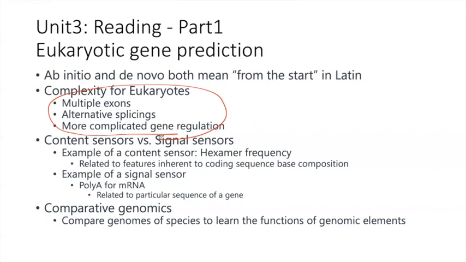It relates to features inherent to the coding sequence, such as base composition. For example, everybody probably knows that 3 bases code for 1 amino acid, right? Let me ask you this question: two DNA bases are followed by the third one.